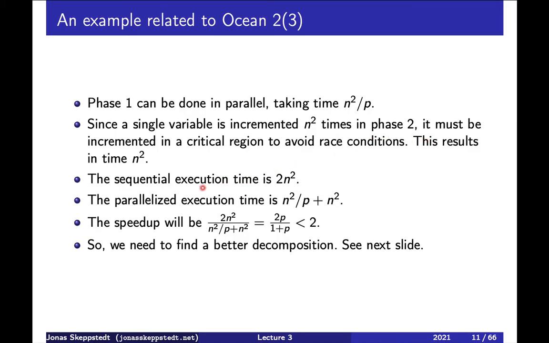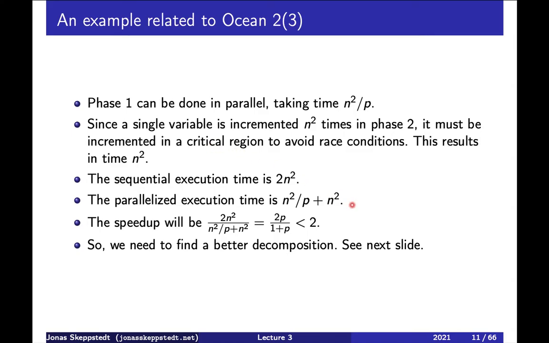The sequential version will have time 2 times n squared, and the parallel version n squared divided by p for the first phase, and then n squared when we add these grid points to the shared variable sum within the critical region.